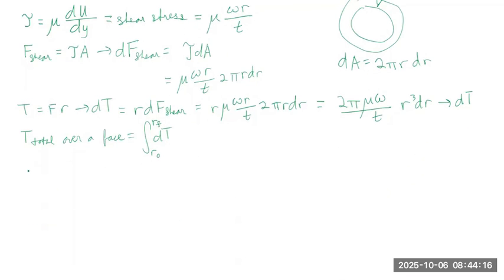So T total is going to be equal to T top plus T bottom plus T side. And we're going to use this one in our power.